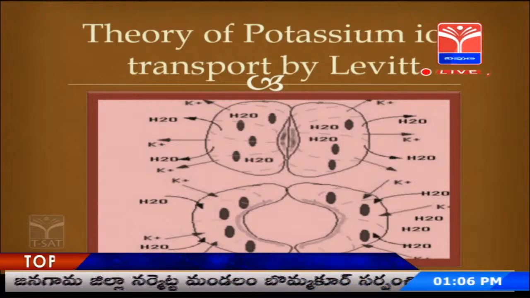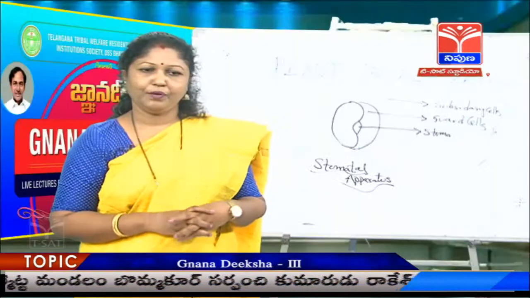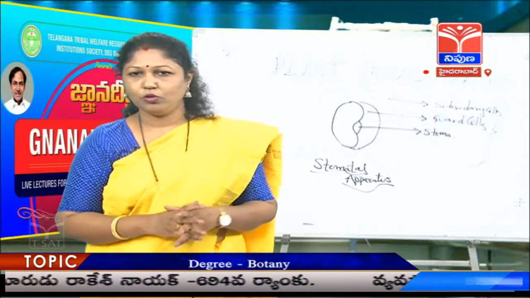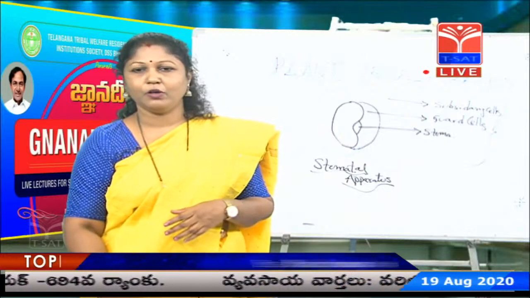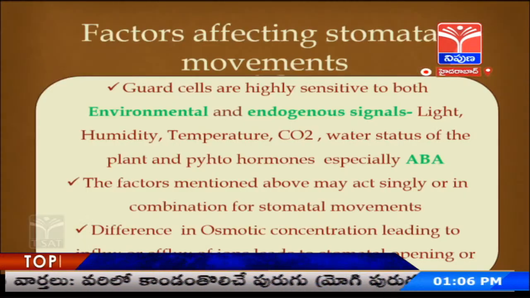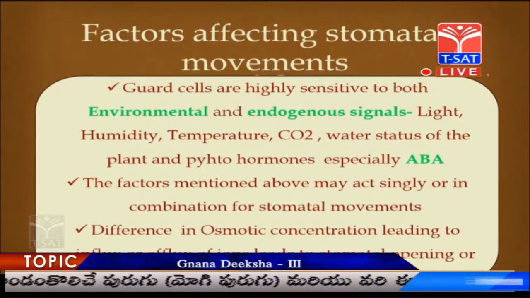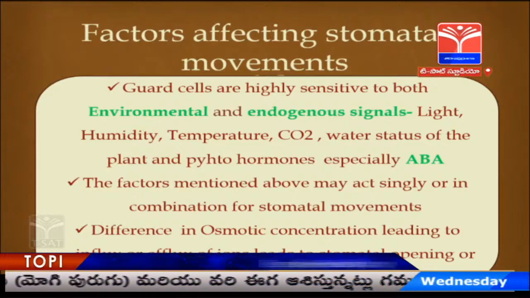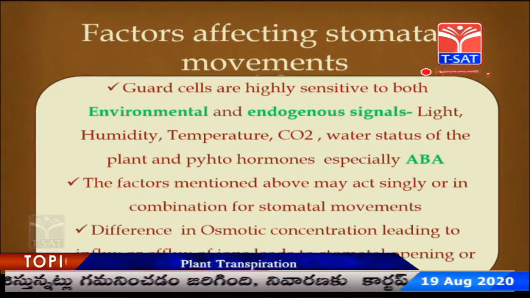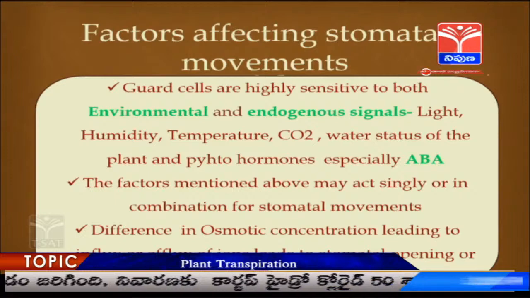Now, among the 5 theories we have studied, the potassium ion concept is the most approved concept if you are talking about the stomatal movements. Now, let us look into what factors will affect the stomatal movements. As I told you, the stomata are quite sensitive to environmental changes. Light, temperature, humidity, all of them have a definite bearing on opening and closing.